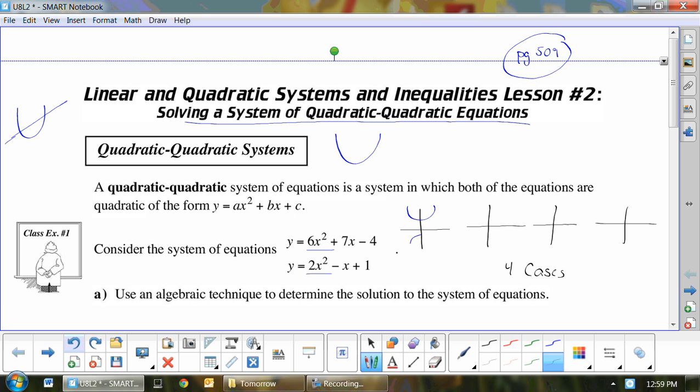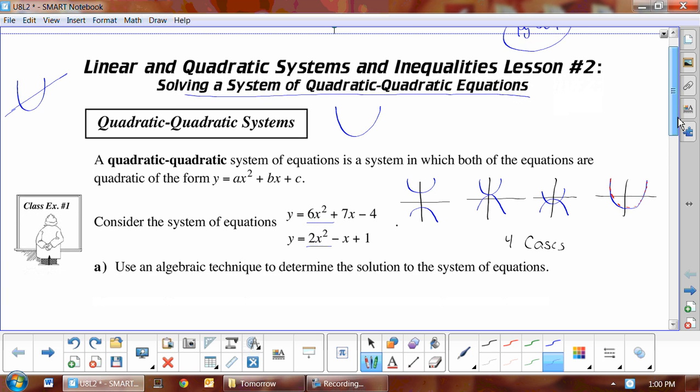We have 0 solutions, 1 solution, then 2 solutions. Can anyone guess what the 4th case is? Yeah, exactly. The 2 graphs are actually the same, like this. And so we have an infinite number of solutions.